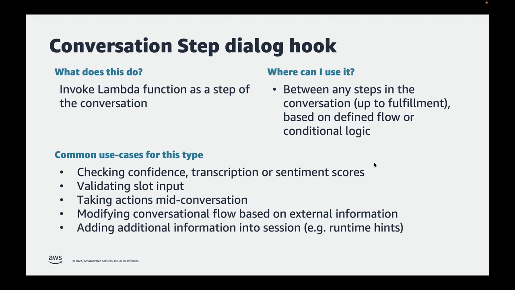If we want to check something like, well, maybe the confidence is too low and we want to actually go back and re-ask the user. We can put it between slots to validate the slot input. We could even take actions or modify the path of the conversation. And as Mike is going to show you in some of the demos, we can add additional information into the session that we can use throughout the conversation or to help with speech recognition.